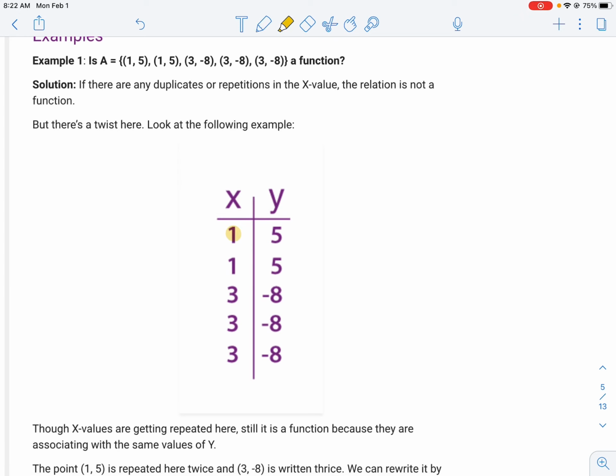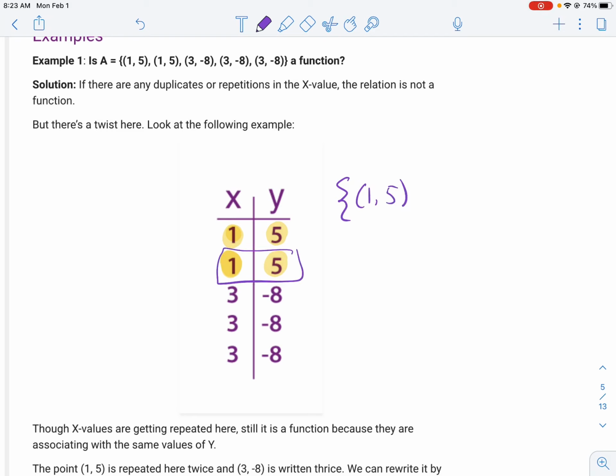Here we put in 1 and we got out 5. We have a repeating x value. Again, here we put in 1, but we got the same output, 5. So there's no problem here. There's no different output for the same input. If I were going to list out all of the points in this relation, it would be 1 and 5, and then we have another 1 and 5.